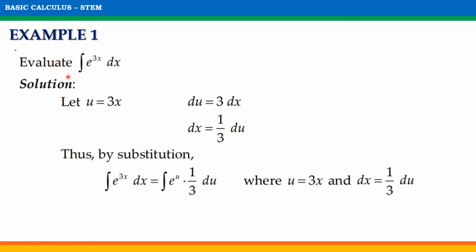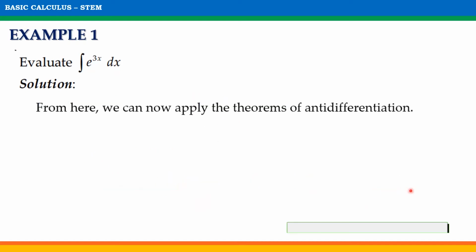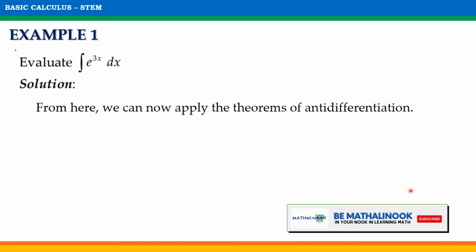Therefore, our given can be expressed as the indefinite integral of e raised to u times 1/3 du. Notice that 3x here was replaced by u, since u is equal to 3x, and dx is being replaced by 1/3 du, since dx is equal to 1/3 du. From here, we can now apply the theorems of anti-differentiation.